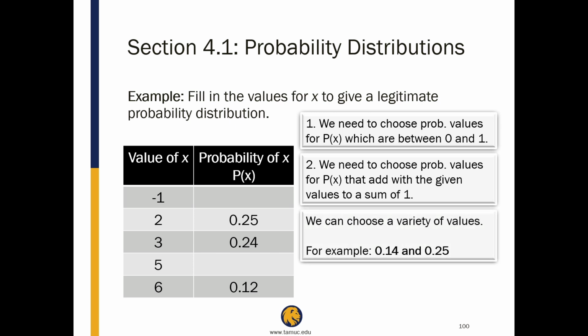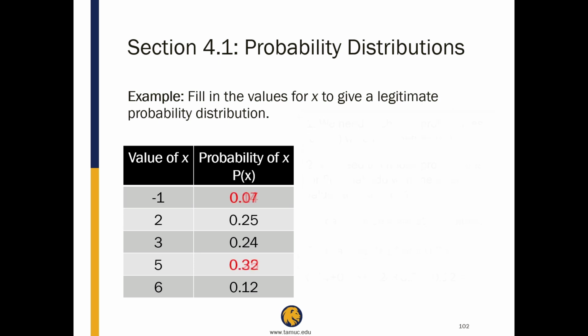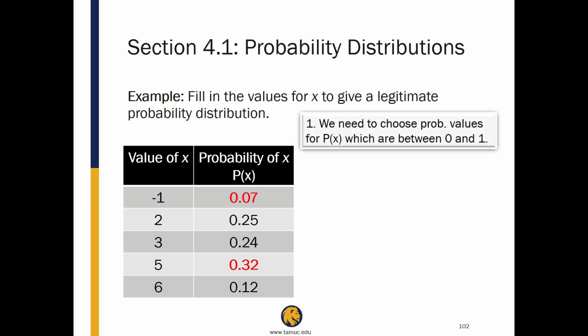We can choose from a variety of values. So for instance, here are two numbers that would work, 0.14 and 0.25. They're both between 0 and 1, and if we add them alongside the other numbers, we get a sum of 1. Here's another pair of numbers that would work. Again, they just have to fit those two criteria.